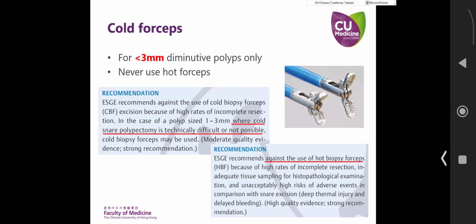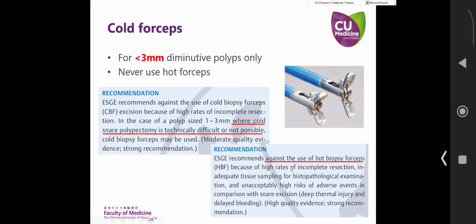For now, I think the cold biopsy forceps is still very popular. But in fact, there are data showing that there are a lot of incomplete resections using the biopsy forceps alone. So the ESD guidelines also recommend we should not use this unless it is too technically difficult for cold snares.